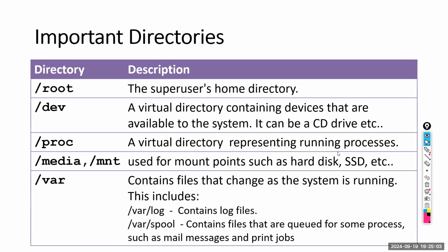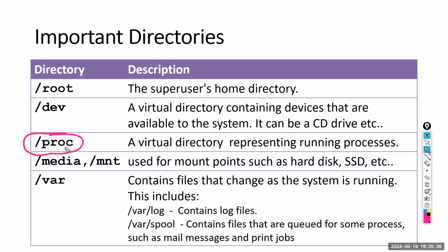Right. Then the root directory is the super user or admin user's home directory. Then the dev directory can be used to mount CD drives and so on. The proc directory is used to represent running processes. Actually, it's not a folder, it's a virtual directory.